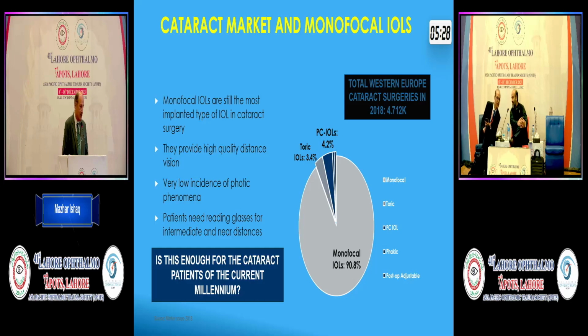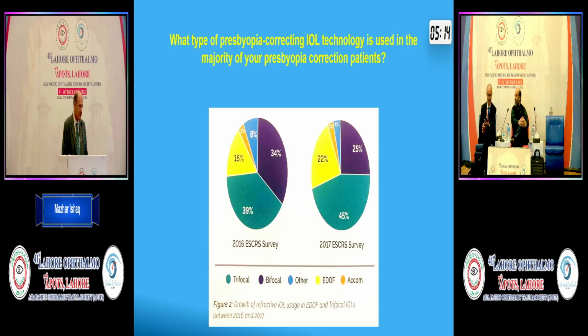We know that monofocal IOLs were the first ones which came, and they are still the most common surgery being done, because of their lack of incidence of photic phenomena. I'll take you along with the different surveys which were happening in 2016, in which we found the trifocals were 39%.